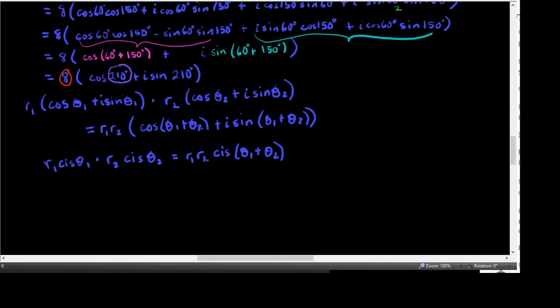And that's probably worth memorizing. These formulas are definitely worth memorizing. So I'm going to indicate that by putting a little star here.